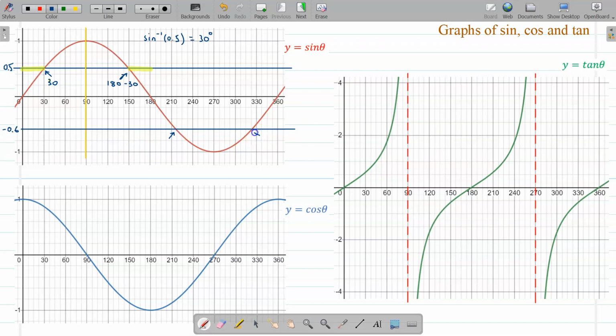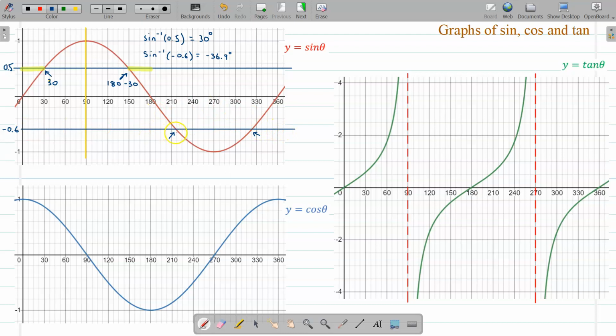Well, if I go to the calculator and put in the inverse sine of negative 0.6, it gives me negative 36.9 degrees. So I've just put into the calculator shift sine, or sine to the minus 1 of negative 0.6, and it's given me negative 36.9.